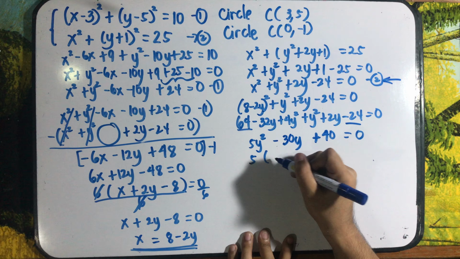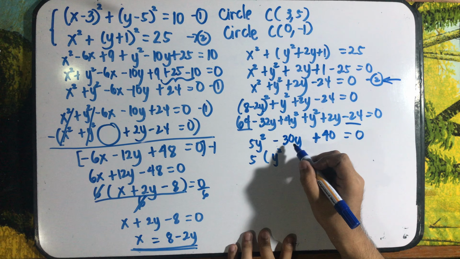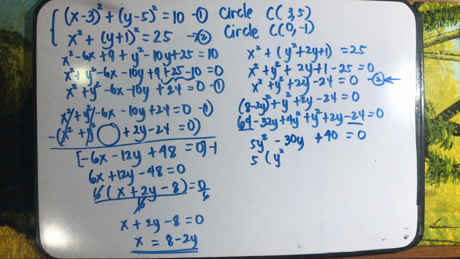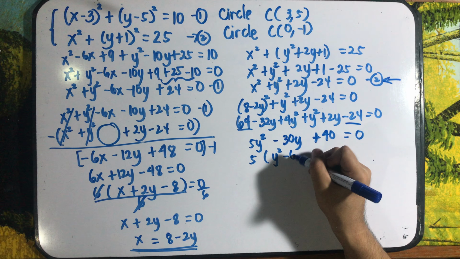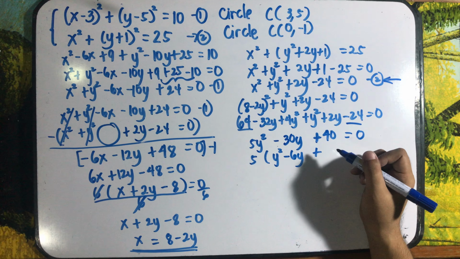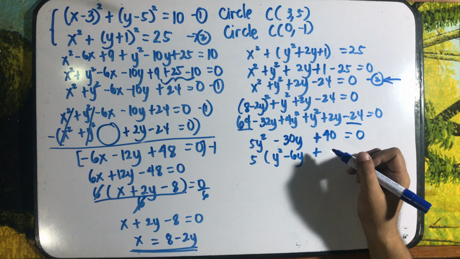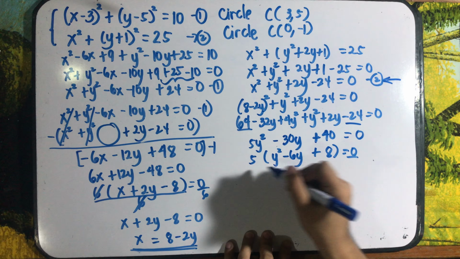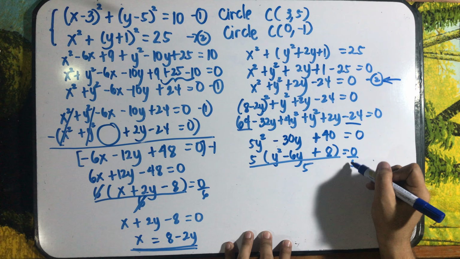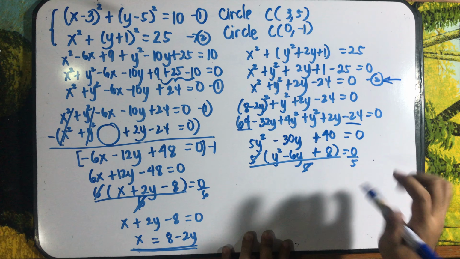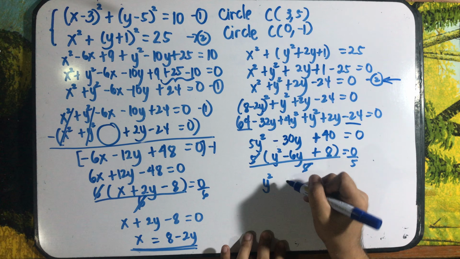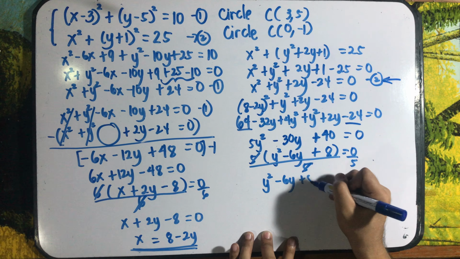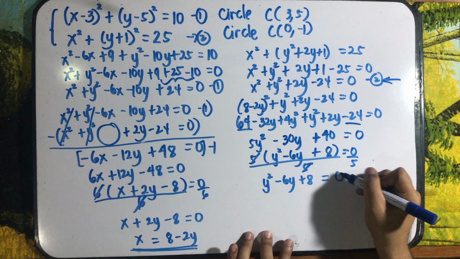We factor out 5, and that becomes y squared, 30 divided by 5 would be 6, so this becomes minus 6y plus 40 divided by 5 would be 8 is equal to 0. Divide both sides by 5, cancel this out. 0 over 5 is just 0. Therefore, we'll be having y squared minus 6y plus 8 is equal to 0.